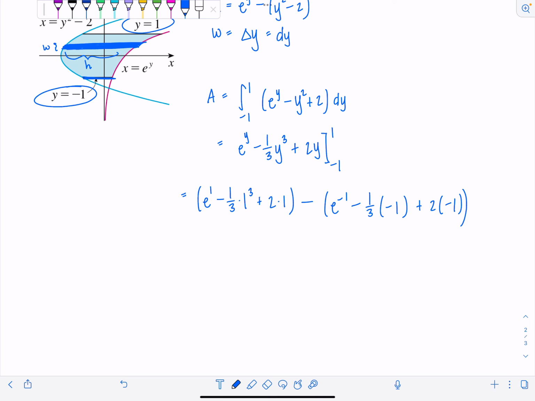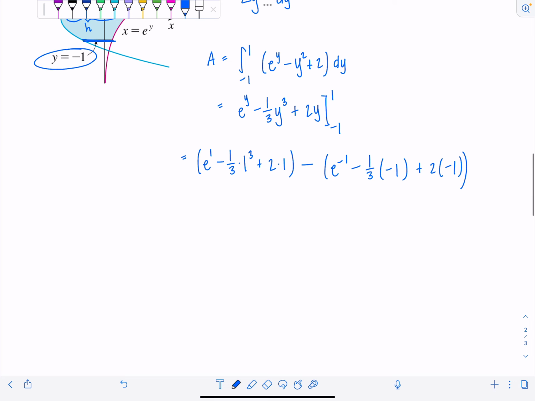Woo! Okay, so let's see what's going on here. We've got e minus 1/3 plus 2 minus e to the negative first. This is going to be plus 1/3. But then we have another minus sign here, so that's minus 1/3.